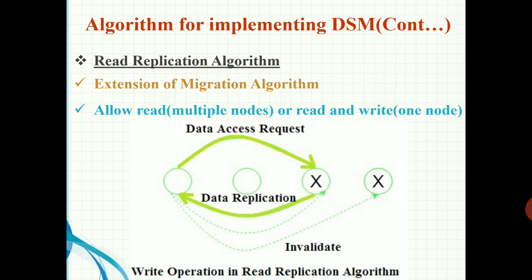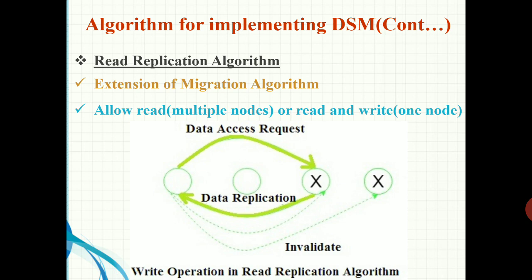The write operation in this particular algorithm is expensive because all the copies of the shared block at various nodes will have to be invalidated or updated with the current values to maintain the consistency of the shared data block. Here you can see that a particular X block is shared in more than one place.